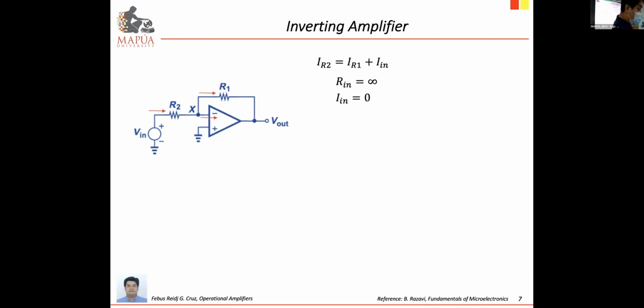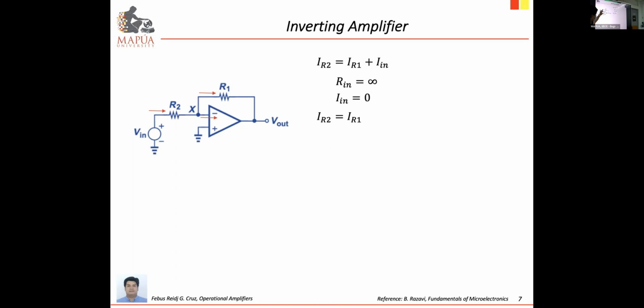Then apply Ohm's law to get the expression for the current. So current along R2, voltage drop divided by R2. So you have plus V in minus voltage at node X. And from the schematic diagram, the potential at node X equals, tingin ka sa kabila, no?